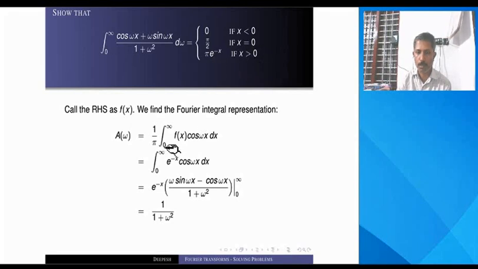So that's why I have taken 0 to infinity f of x into cos omega x dx. Okay, I hope it is clear. The negative part and the 0 point need not be taken, because in the negative part the function is 0, and at a particular point, if the value is different, the integral value will not be affected. The integral will just be 0 at a point.